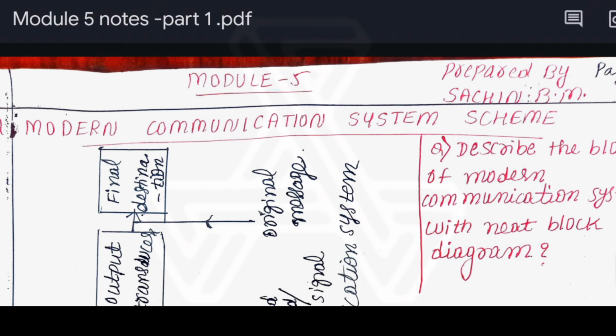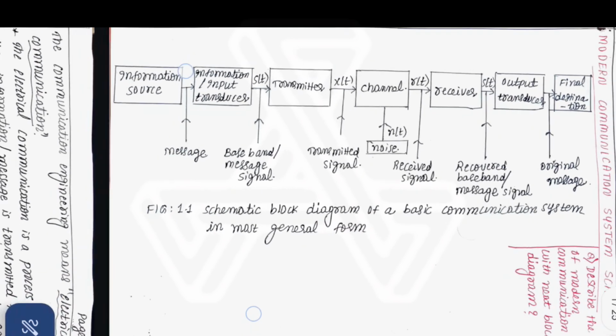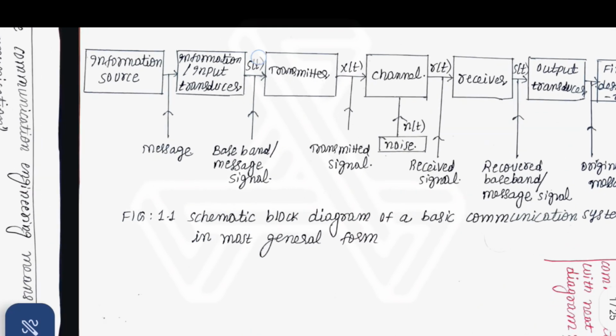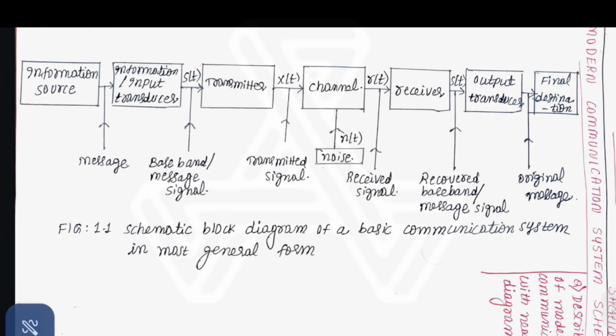Modern communication system scheme. Information source, information input transducers, message, and then baseband message signal, transmitter, transmitted signal to channel, noise, received signal, receiver, recovered baseband message signal, output transducer, final destination, which is the original message.